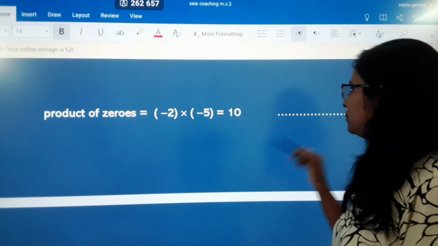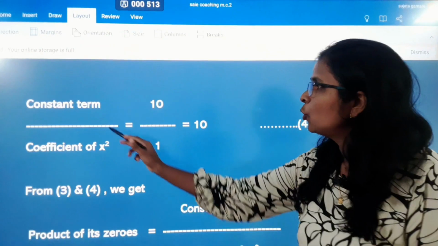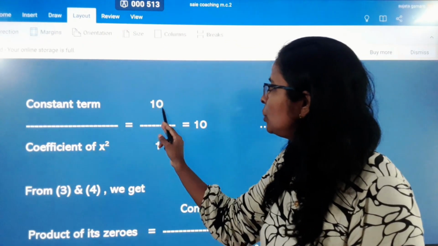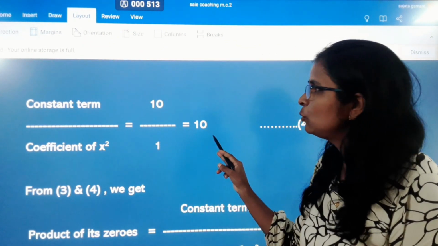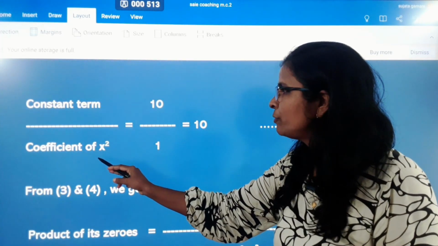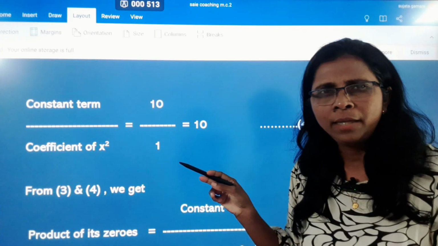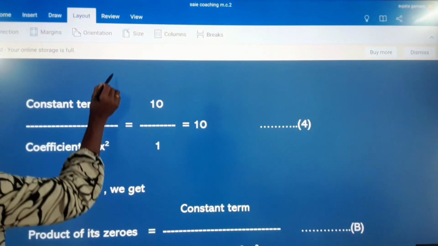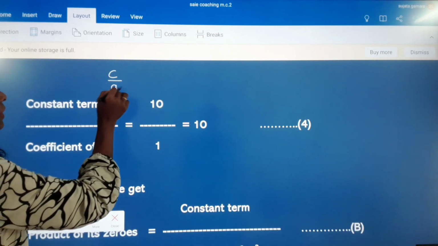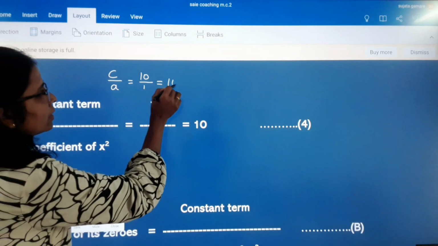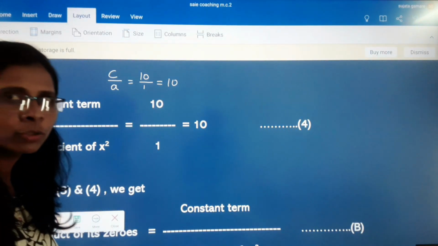Call it the third equation. Then the constant term upon the coefficient of x square is 10 upon 1, which is equal to 10. Here the constant term is c and the coefficient of x square is a, so we can write c upon a, which is equal to 10 upon 1, that means 10. Call it the fourth equation.